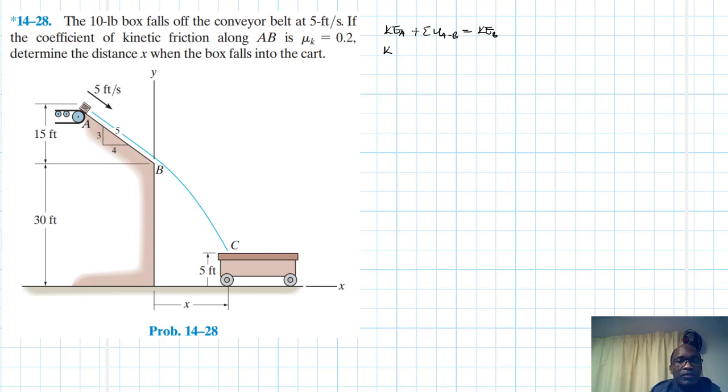We have the kinetic energy, and the kinetic energy is always positive, so we have VA squared plus the work. We have the work due to the weight as well as the work due to the friction.